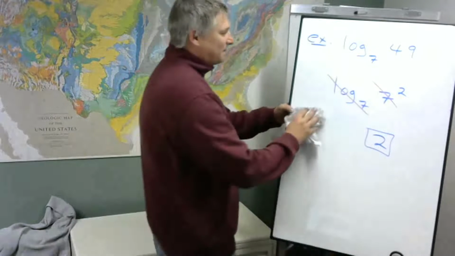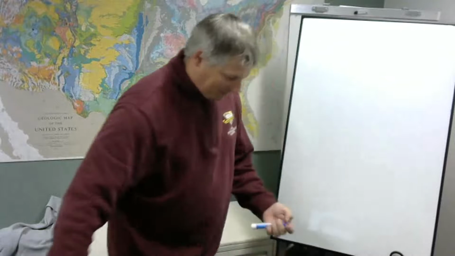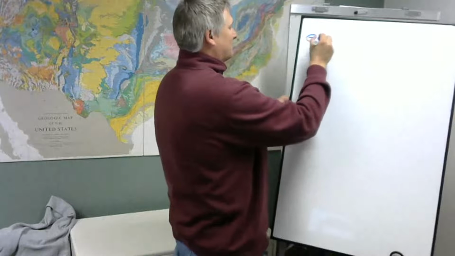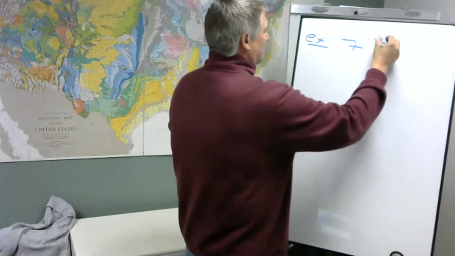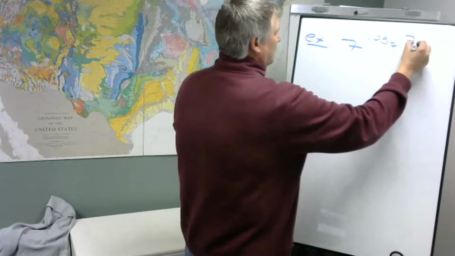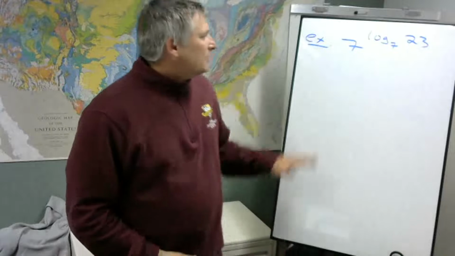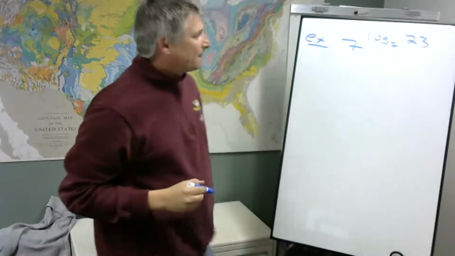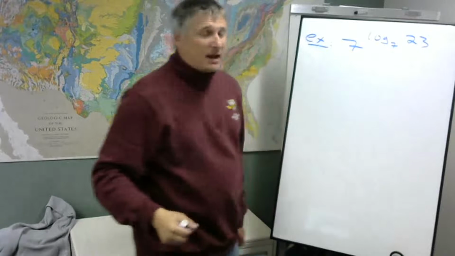So let's take a look at another one. Now we actually do have two functions here. This would be 7, and this would be playing the role of x. And this is log base 7, and this is playing the role of an x.